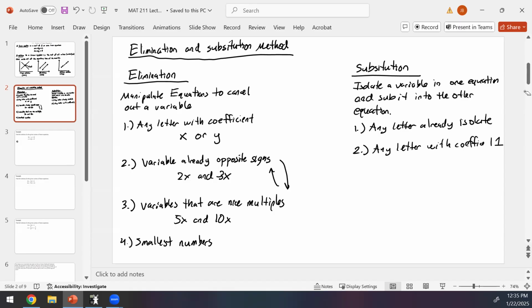Now, why would I want coefficient 1? Just because isolating the letter becomes easier. You don't have to divide by anything, so you don't create fractions. And then number 3 is the letter with the best number. The best number is anything that will divide perfectly, but if not, then just pick whichever one creates the least amount of fractions, or the best fractions that you like to work with, right?